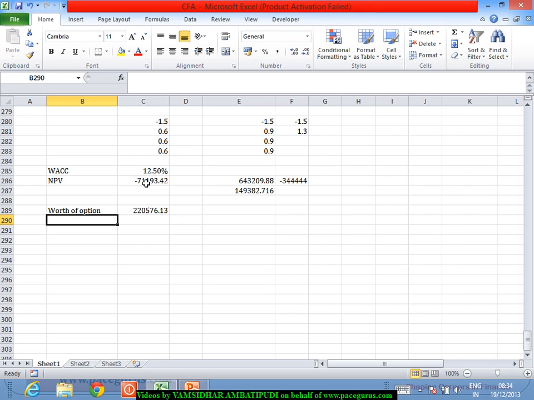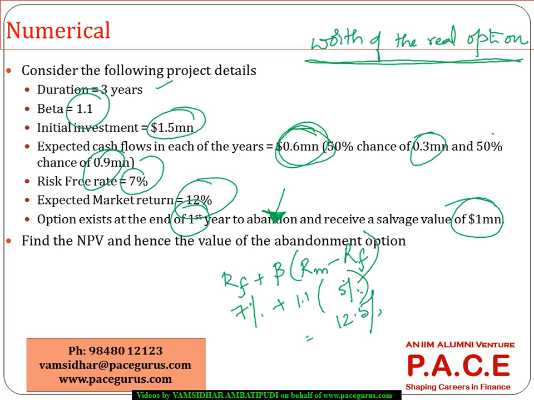The NPV when I take the option minus the NPV if I don't take the option, I go with both of them and find out the difference between the two to understand whether the option is useful or of no use in this kind of situation. I hope you are clear in terms of understanding the calculations involved under the real options and how you evaluate the worthiness of the option. Now let's move forward.